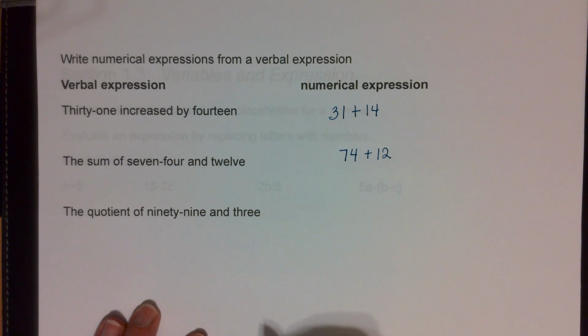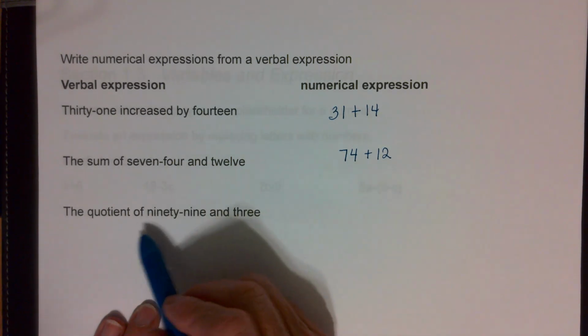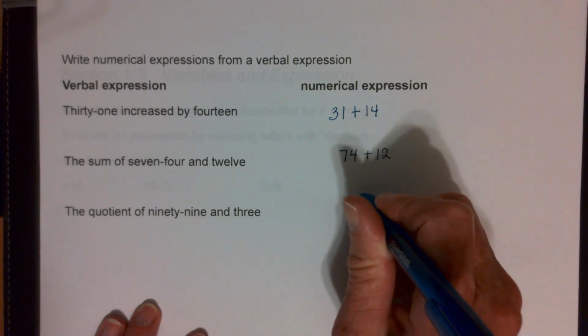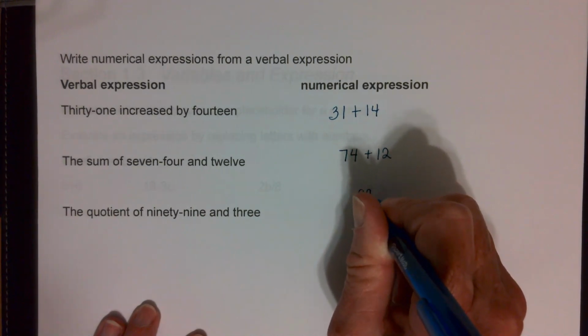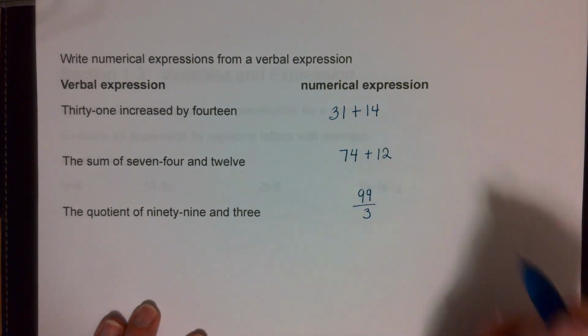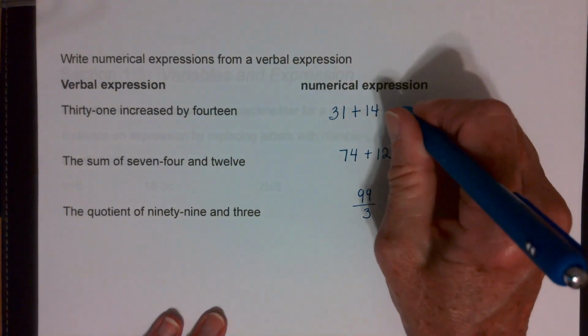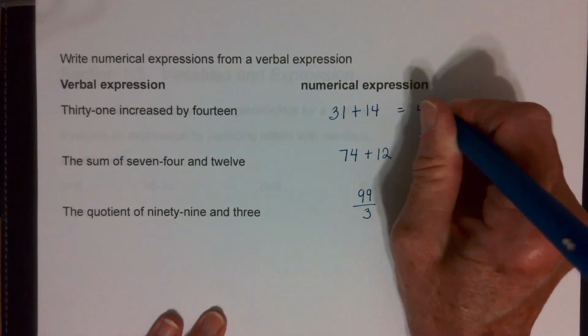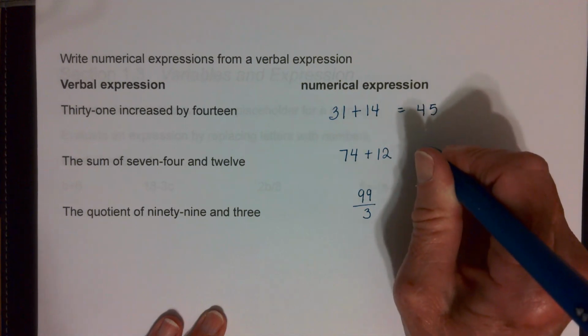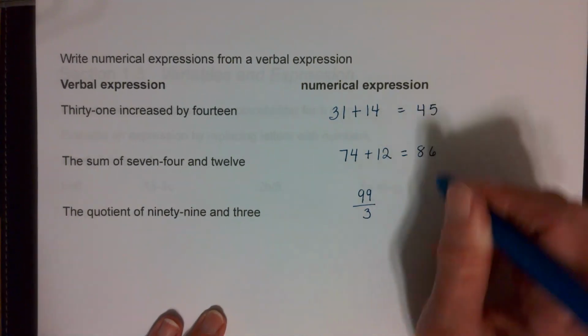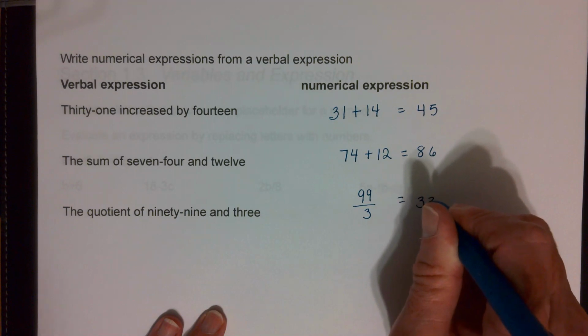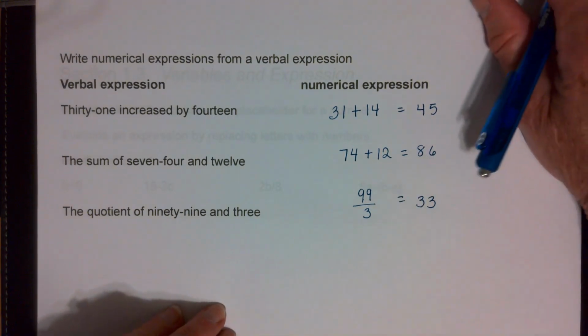Quotient is your division problem, so it's the quotient of 99 and 3, which would be 99 divided by 3. Now sometimes they'll want you to actually solve these, so you'd have to then go back and do the math on these. So that's going to give me an 86, and that's going to give me a 33. So just be aware that sometimes they ask for that.